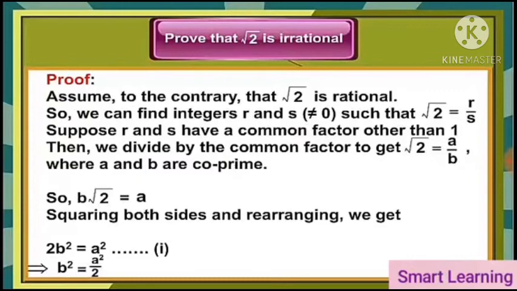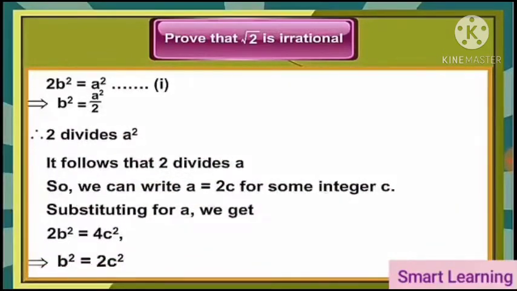So, on cross multiplication, we get b root 2 is equal to a. On squaring both sides and rearranging, we get 2b square is equal to a square, call it 1. This implies, taking 2 to the other side, we get b square is equal to a square divided by 2.